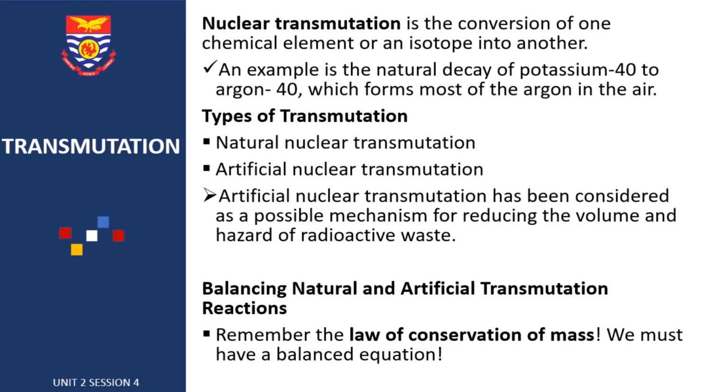With regards to artificial transmutation, it occurs when an atom is struck with fundamental particles. So you bombard one nucleus with another atom or particle, and that causes it to disintegrate or be transformed from one form to another.